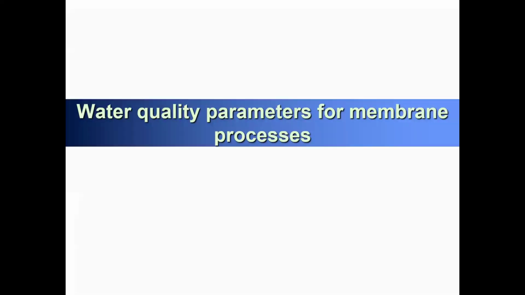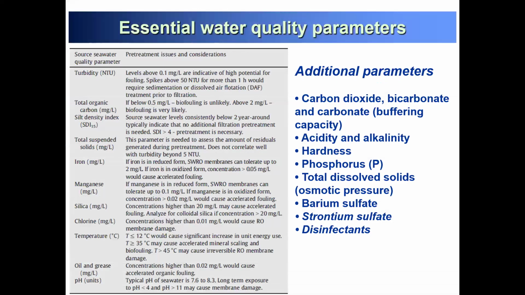Also, water quality. I'm sure that you are already very familiar with water quality, right? So I don't want to go through everything. We just want to look at what the most important parameters are for seawater desalination. Turbidity is important as a pre-treatment. Also, total organic carbon. Seawater does not have a very high concentration of organics compared to wastewater.